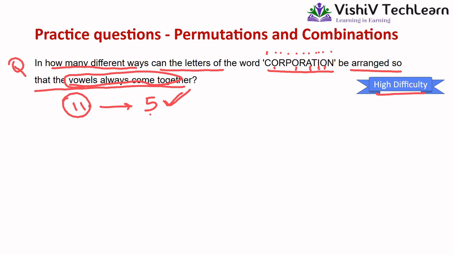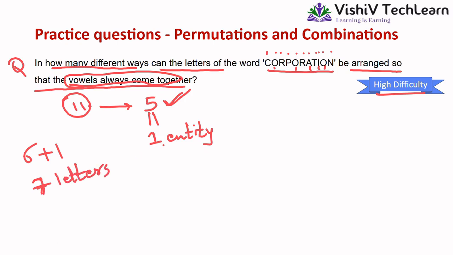We can consider these 5 letters as one entity or one letter. And by doing that, how many letters can we have? 11 minus 5 is 6, and this 1, so total 7 letters are there. 6 letters and this one entity. These 7 letters can be arranged in 7 factorial ways.